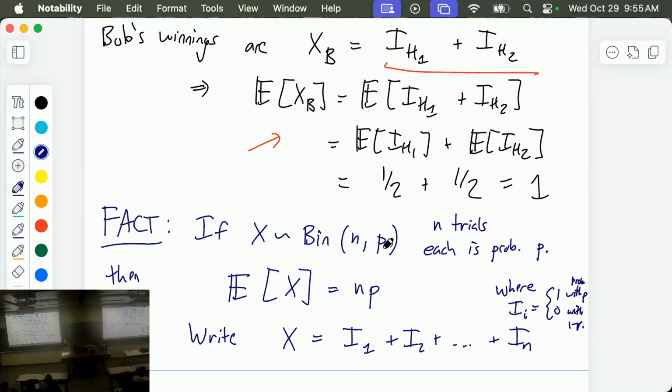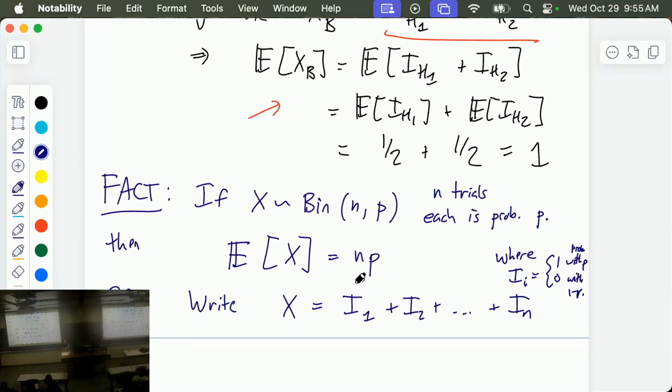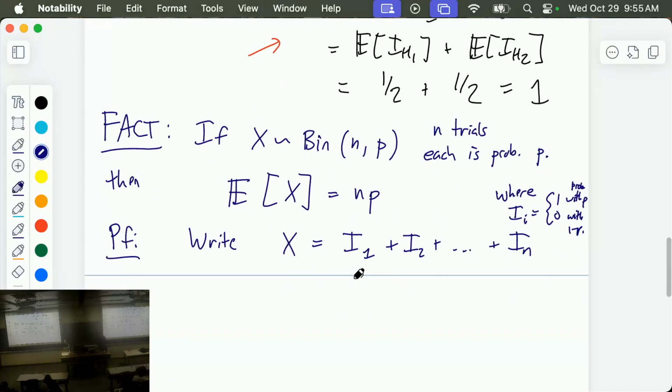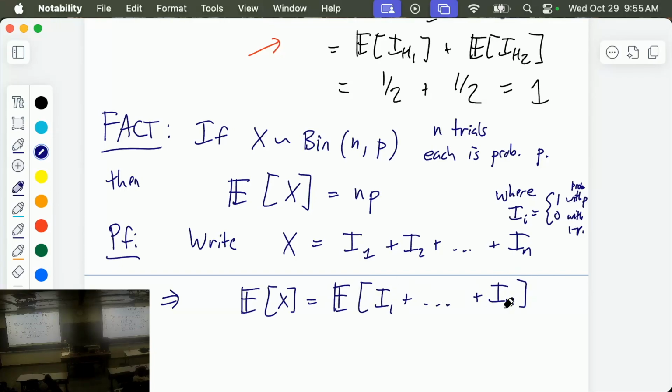So the idea is you can think of the binomial random variable as the big tree, or just the probabilities in terms of those binomial coefficients, those n choose x's. But as a random variable, we can write it as a sum of these indicators. And now we can take the expected value. So we get the expected value of this big sum, I1 plus ... plus In. And now we can use linearity.